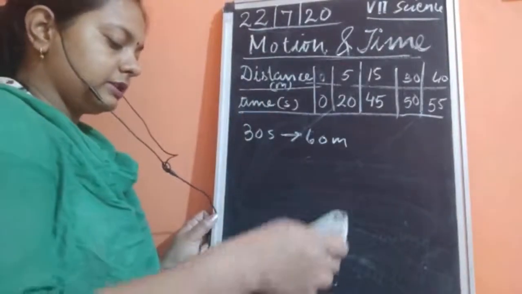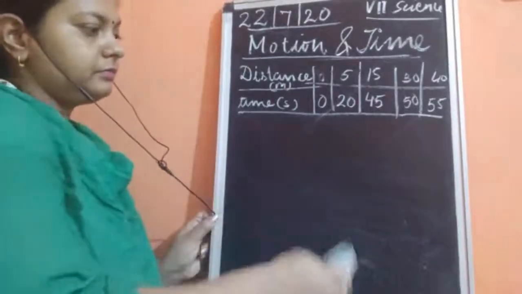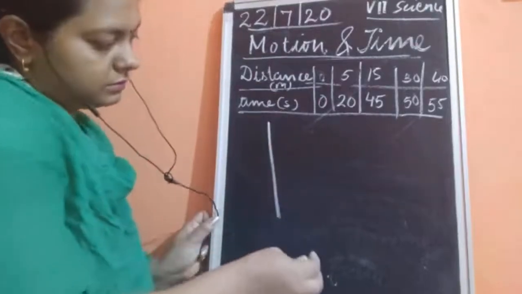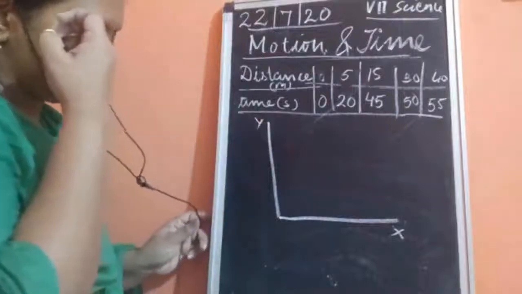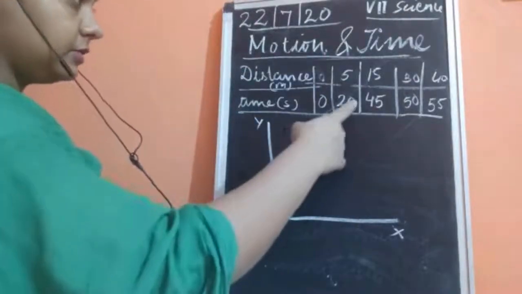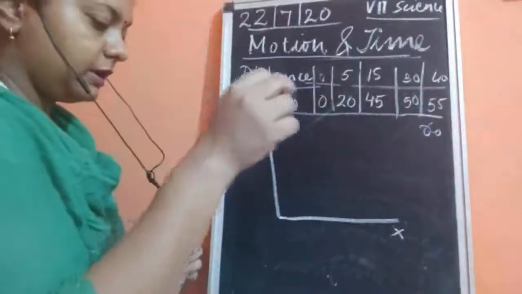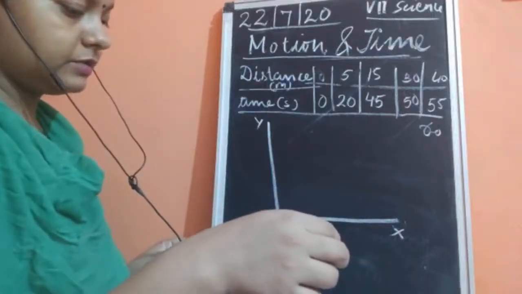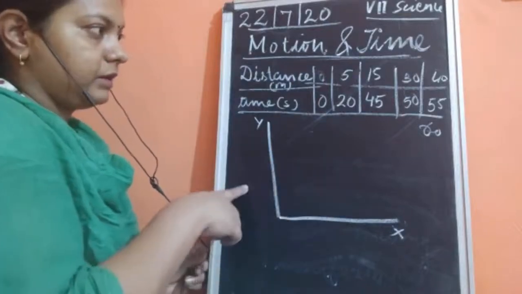Now let us draw this graph. Let us see how this is going to come. I'll make a graph here, with x-axis and y-axis. We have 0 till 60 seconds for time.